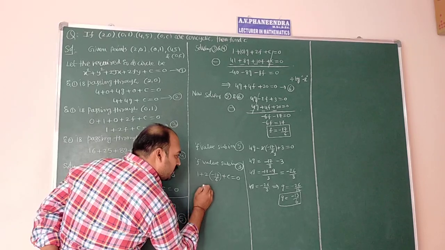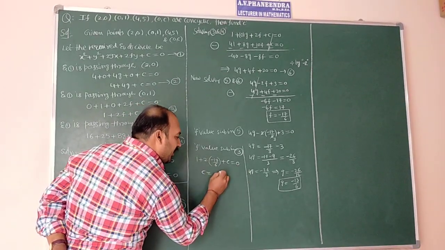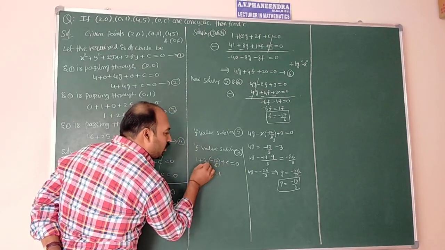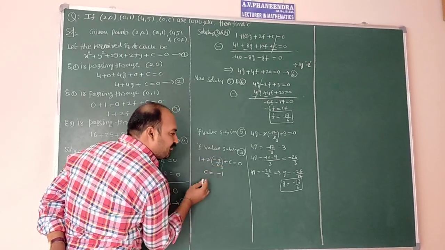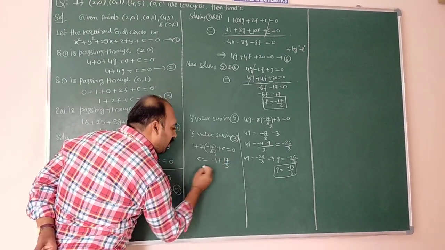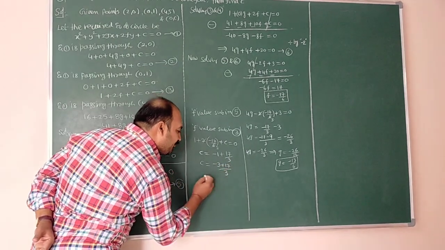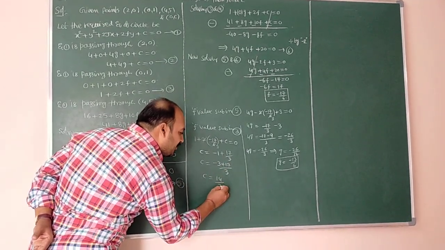So here c equal to 1, we can take this side minus 1 minus 34 by 6, that means 2 ones are 2, 3 threes are 3, minus 17 by 3, we can take this side plus 17 by 3. After taking LCM, minus 3 plus 17 by 3, so c is equal to 14 by 3.